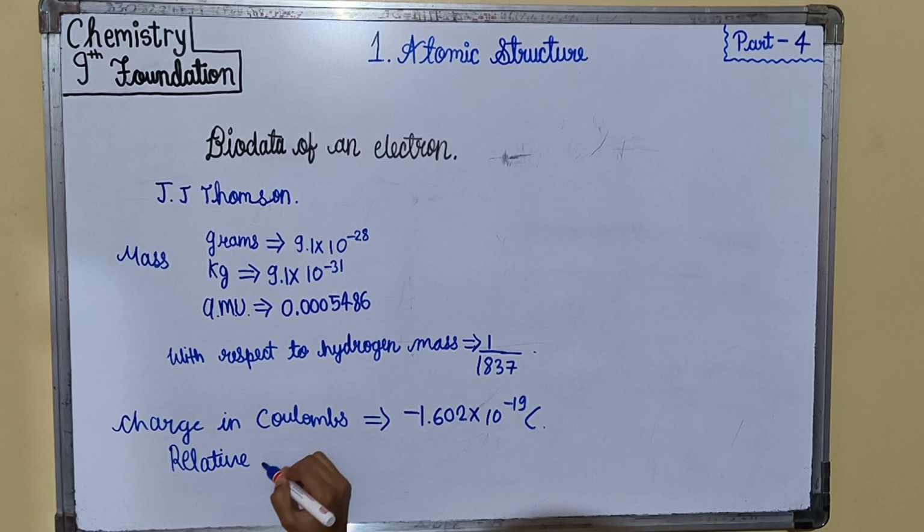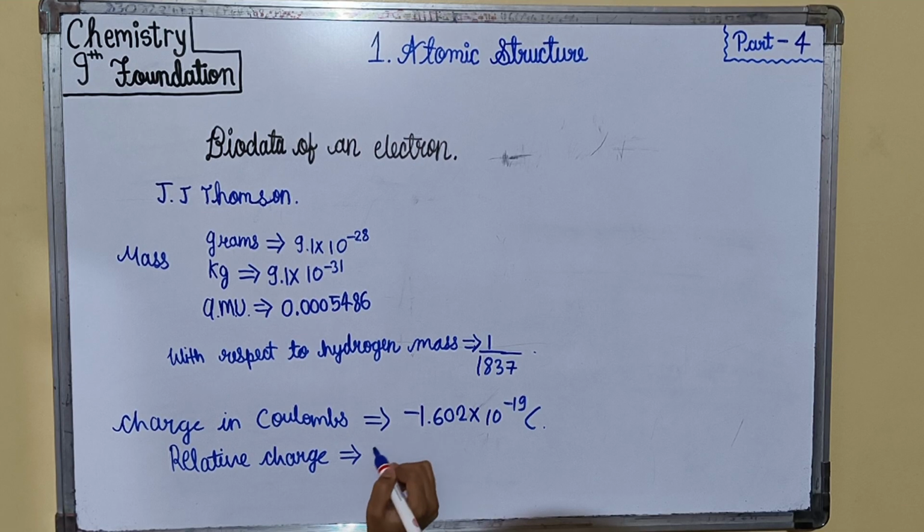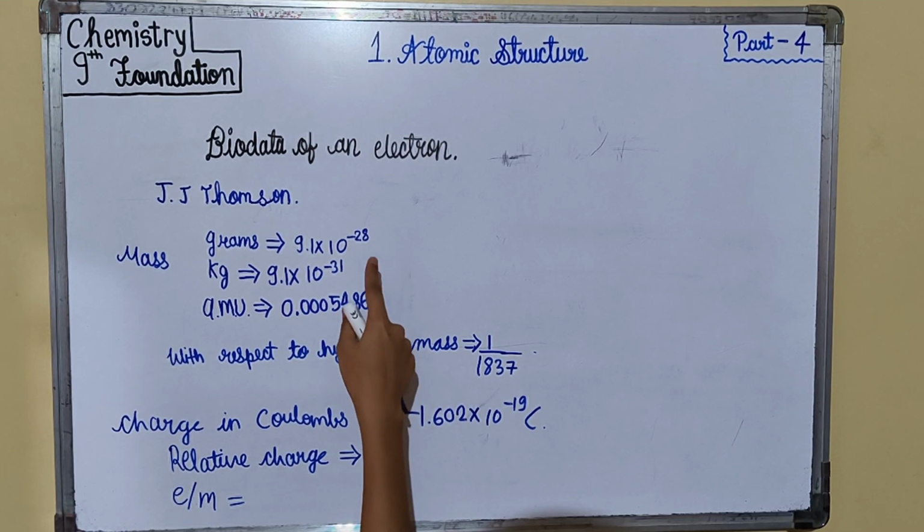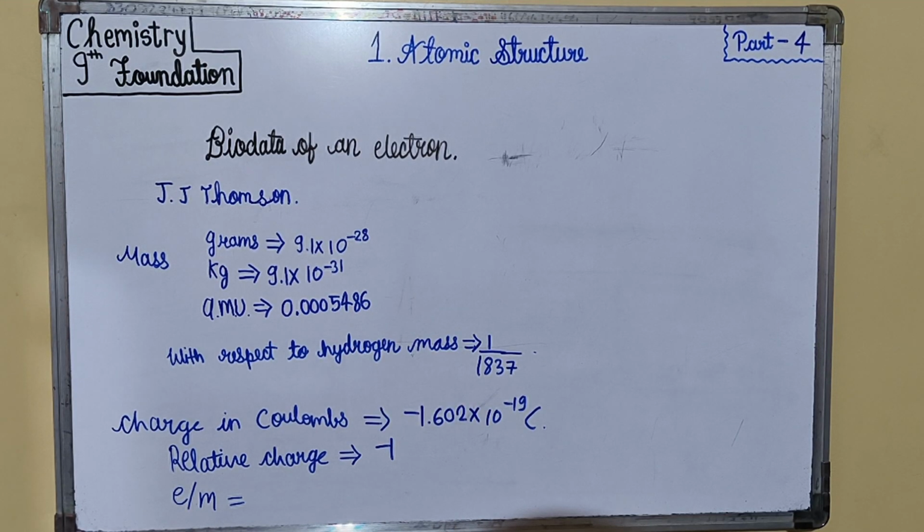Relative charge is minus 1, and E by M ratio, that means charge in coulomb upon mass in grams, that is 1.76 into 10 raised to 8 coulomb per gram.